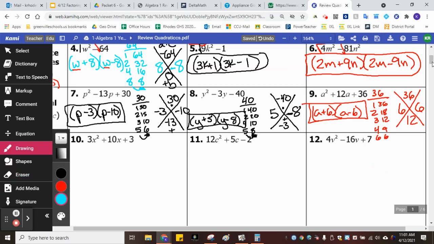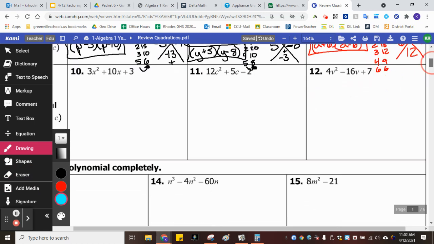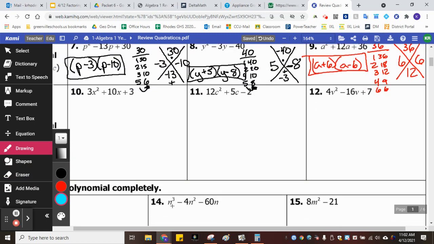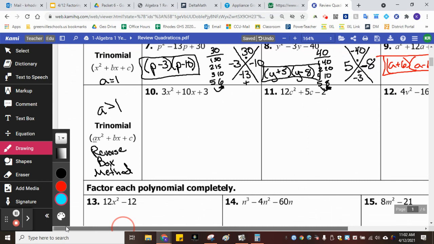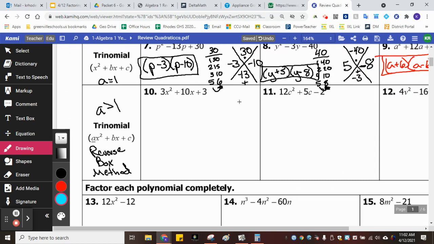All right, these last 3 are the hardest because a is not equal to 1, and we have to use our reverse box method. But we still start off the same way. What multiplies to a times c? Now that a is not 1, be careful. A times c is 9, but we're still adding to b, 10. So it multiplies to 9 and adds to 10.